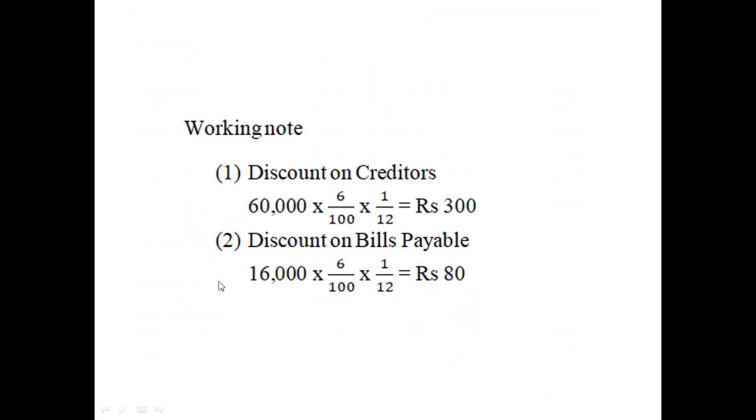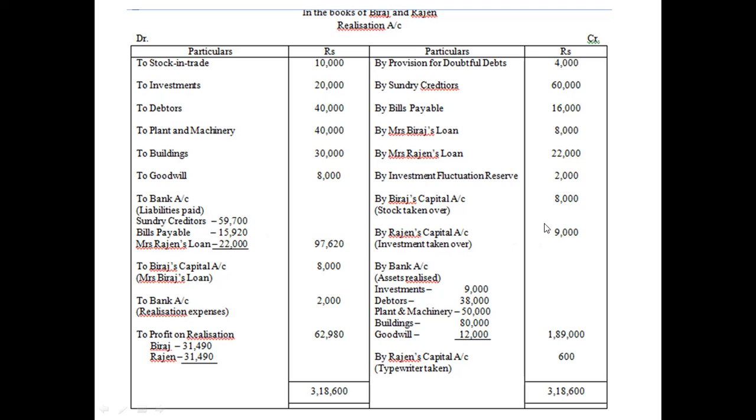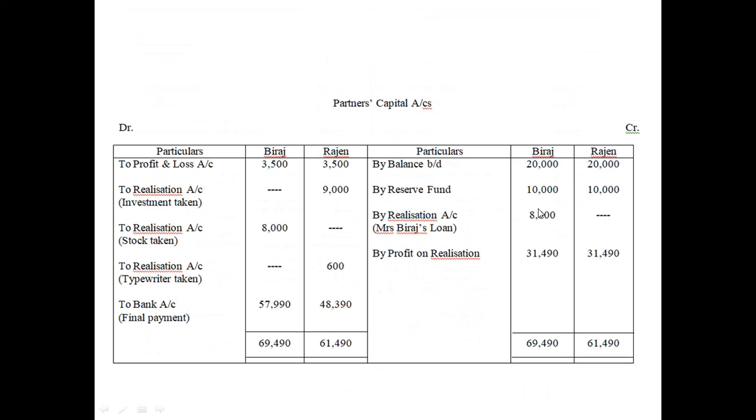So this entry will be passed in the credit side, by realization account, Mrs. Biraj's loan, because Biraj has promised that his wife's loan will be paid by him. And for the same, he is taking over the stock at rupees 8,000, and the entry for the same is here towards the credit side of your realization account.